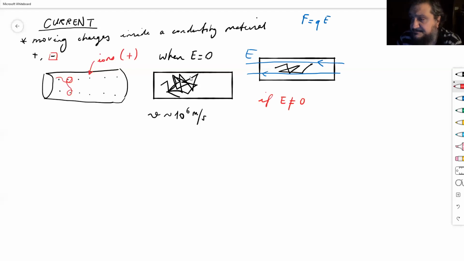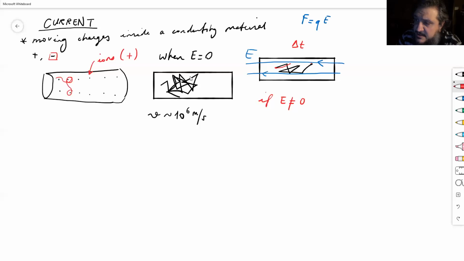So basically, this happens in delta t time, right? In delta t, instead of starting here and ending up there, because of the force, remember, if the electric field is to the left, the electron will experience a force to the right. So probably it's going to move something like this.